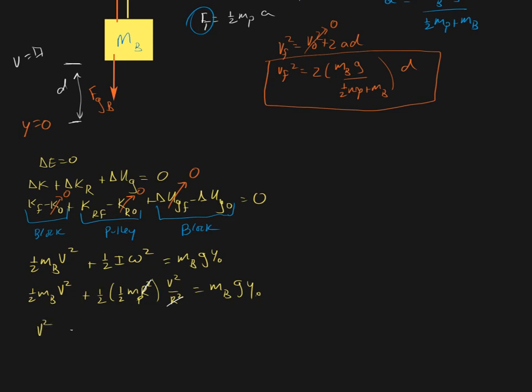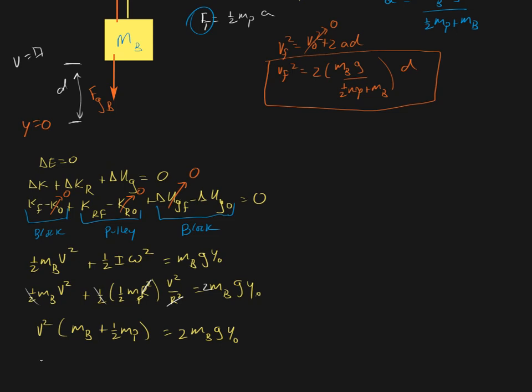So we get v squared times the mass of the block plus 1/2 the mass of the pulley. And when we multiplied everything through by 2, we lose that 1/2 and that 1/2, but we get a 2 out in front of that. So this becomes 2 times the mass of the block, g, times y initial.